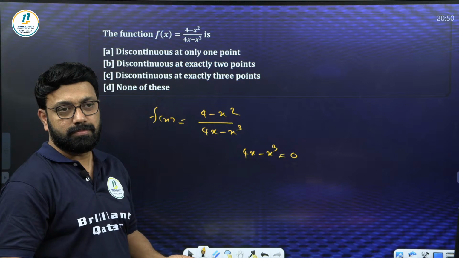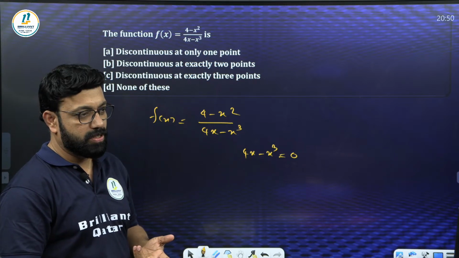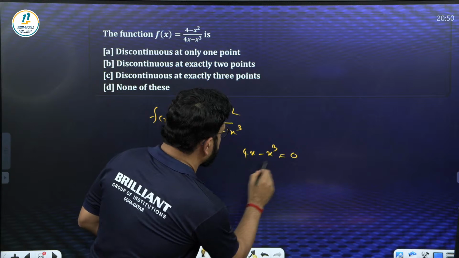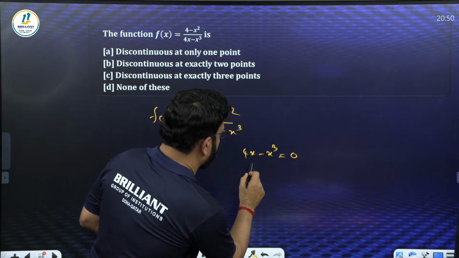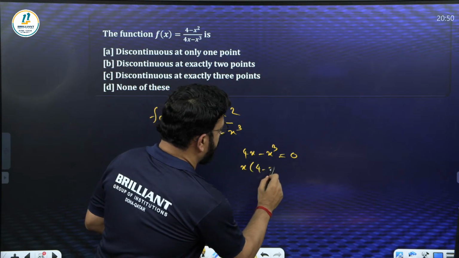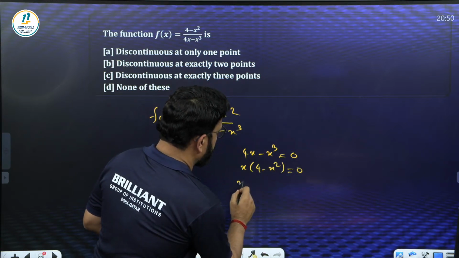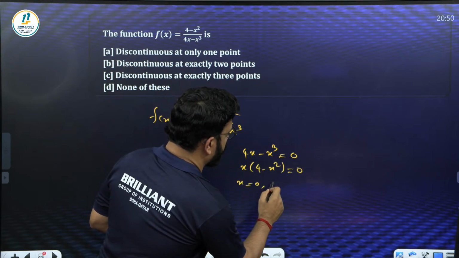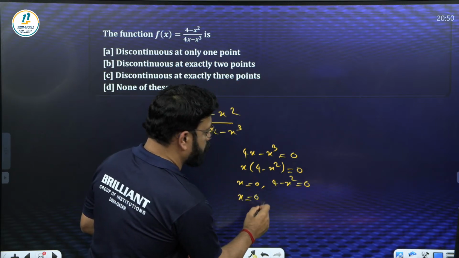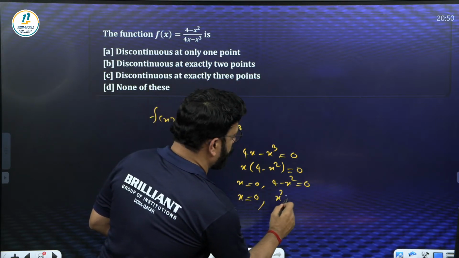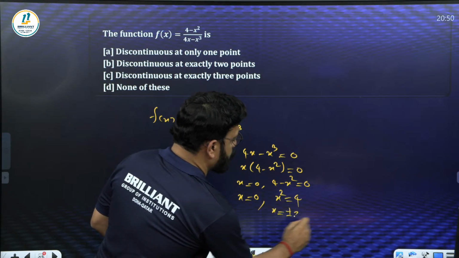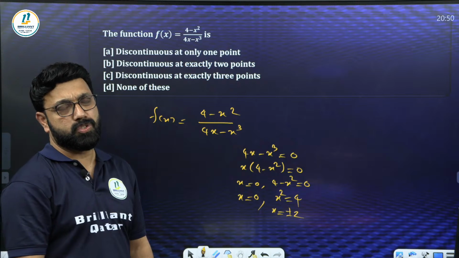So 4x minus x cube, how can we write that? x common, x times 4 minus x square equal to 0. Either x equals 0 or 4 minus x square equals 0. One point we got x equals 0; for the other, x square equals 4, so x equals plus or minus 2.